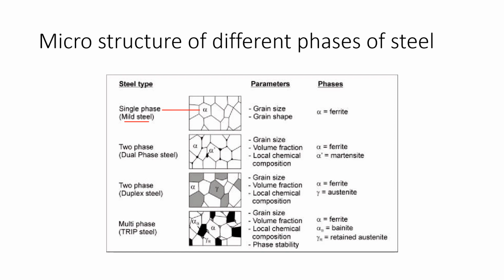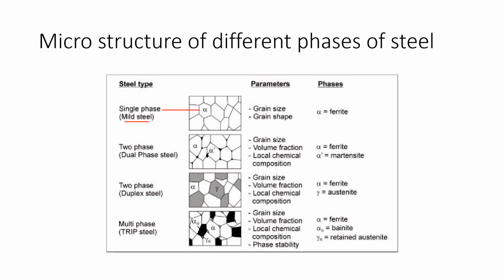The grain size and grain shape look like solid boundaries without any liquid or any other impurities. That's why we call it a single phase.